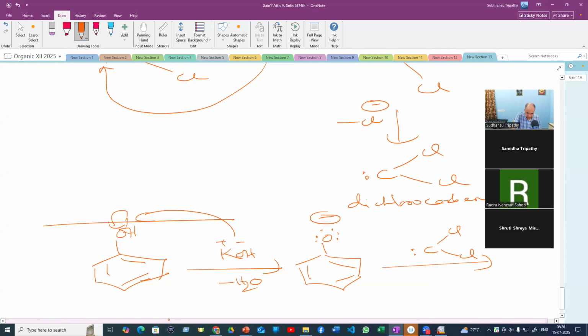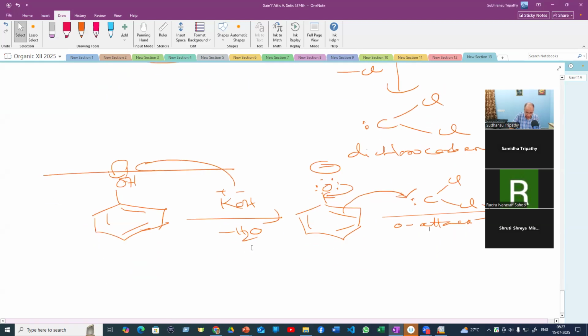So this comes here, and this pi bond now attacks at the ortho position. This is the ortho attack. Why ortho? Why does it not go here for para attack? We'll learn that later.